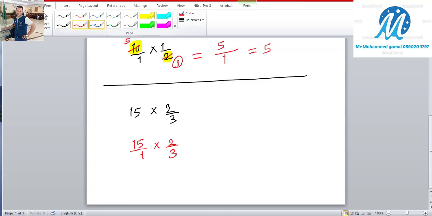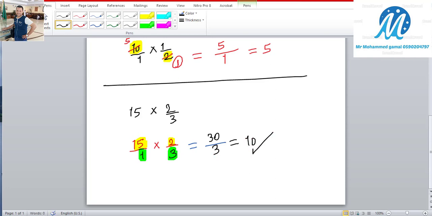The first way is to just multiply numerator by numerator, which is 2 by 15. The answer is 30. And for the other one, just multiply the denominator by denominator. The answer is 3. Now 30 out of 3 means 30 divided by 3, so the answer is 10.